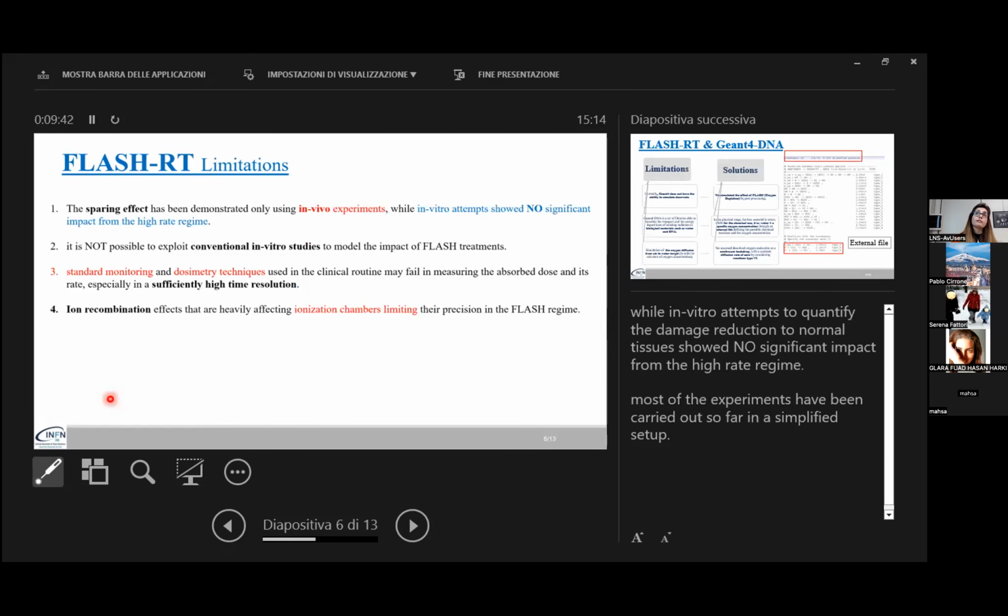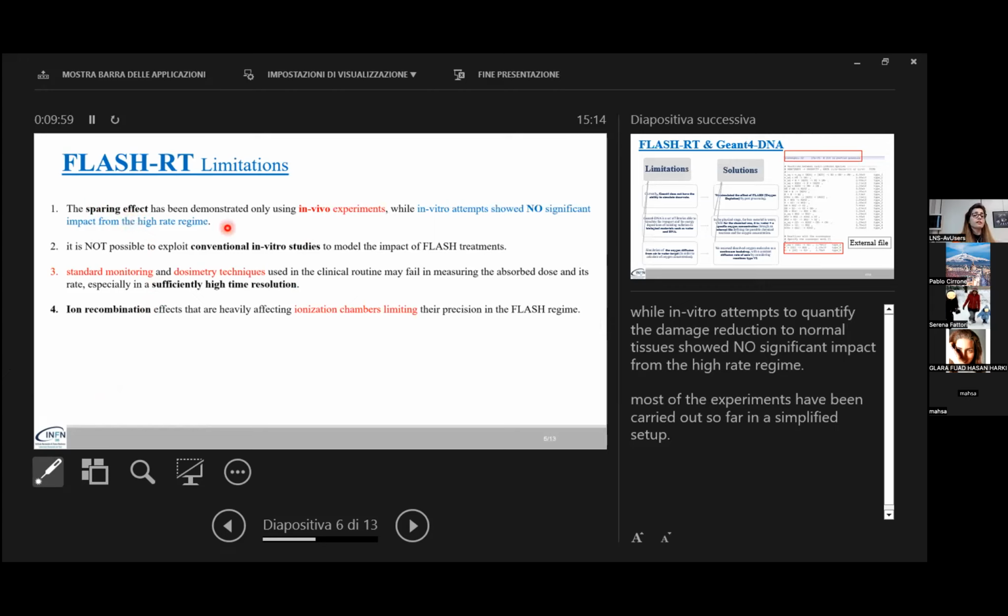Okay, at this moment, there are some limitations, and because of these limitations, maybe the mechanism of FLASH is not clarified yet. The first of them is related to the sparing effect.